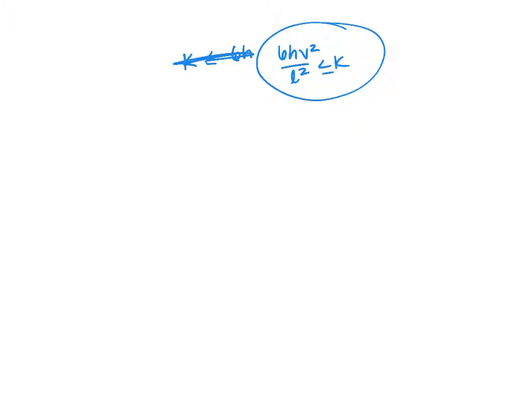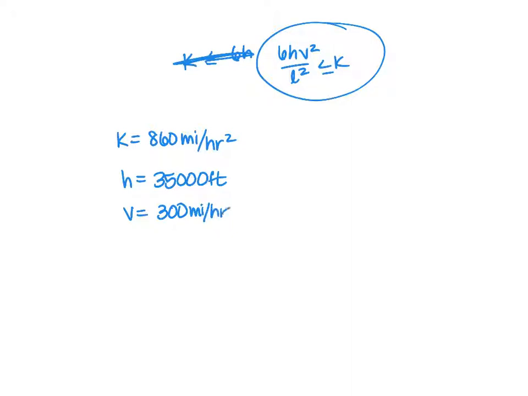And then the last part of it is just looking at a numerical situation. If K is 860 miles per hour squared, and your height is 35,000 feet, and your velocity is 300 miles per hour, then it's basically asking, what is L?